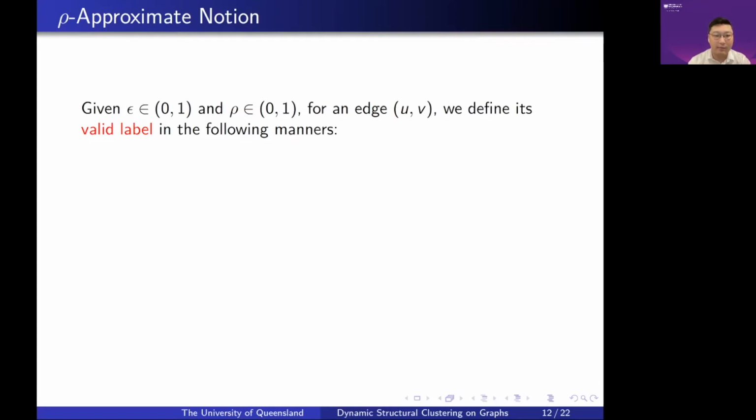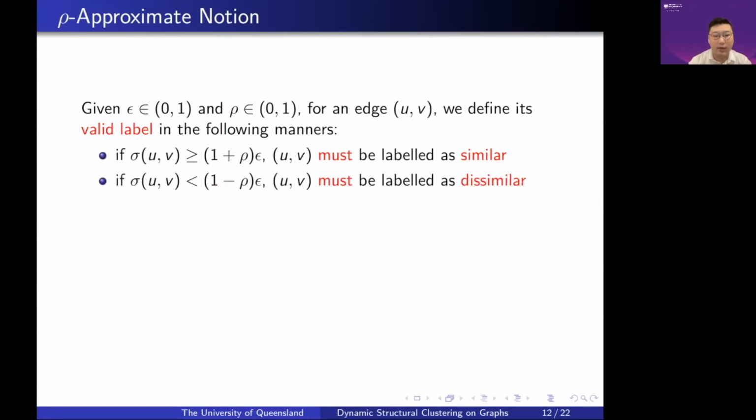Given parameters epsilon and rho, for an edge UV, we define its valid label with respect to the rho-approximate notion as follows. If sigma UV is no smaller than (1 plus rho) times epsilon, it means that sigma UV is far larger than epsilon, so UV must be labeled as similar.